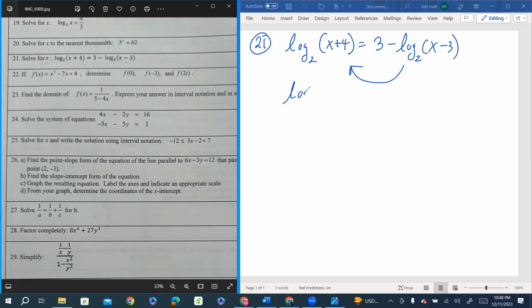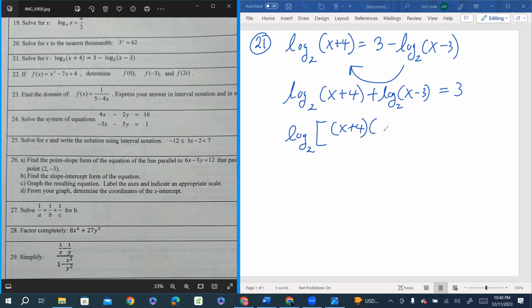So we have log base 2 of x plus 4 plus log base 2 of x minus 3 equals 3. Now we know the sum of two logs is the log of a product. So log base 2 of x plus 4 times x minus 3 equals 3.